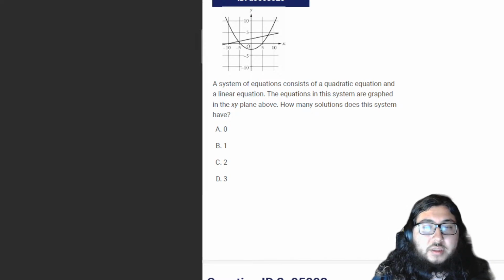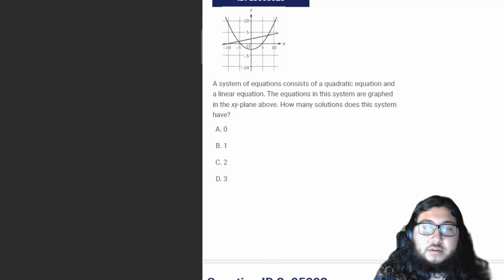Let me know what you all think the answer to this question is and why. Now, for those of you who are unsure, I'll give you a hint, and it's a very strong hint, so this one will give it away. The solutions to a system of equations, when we're graphing it, are the points at which the two graphs intersect.